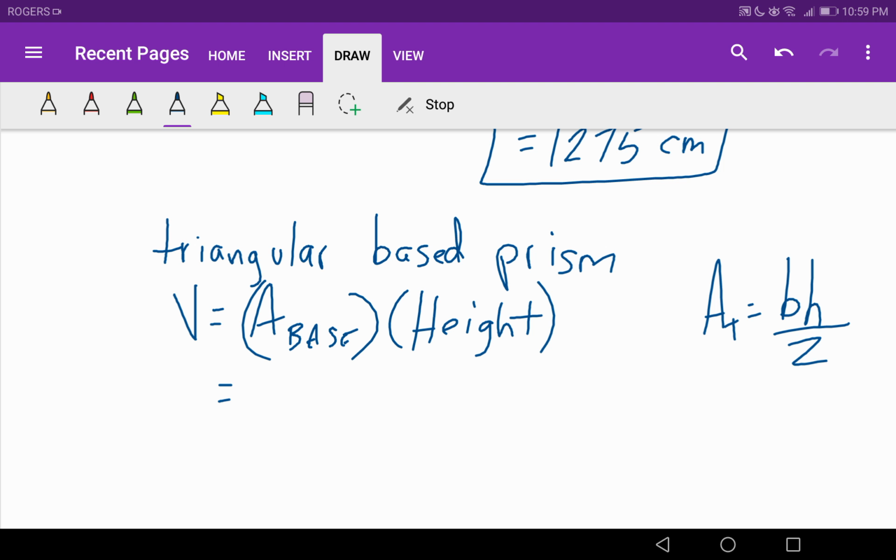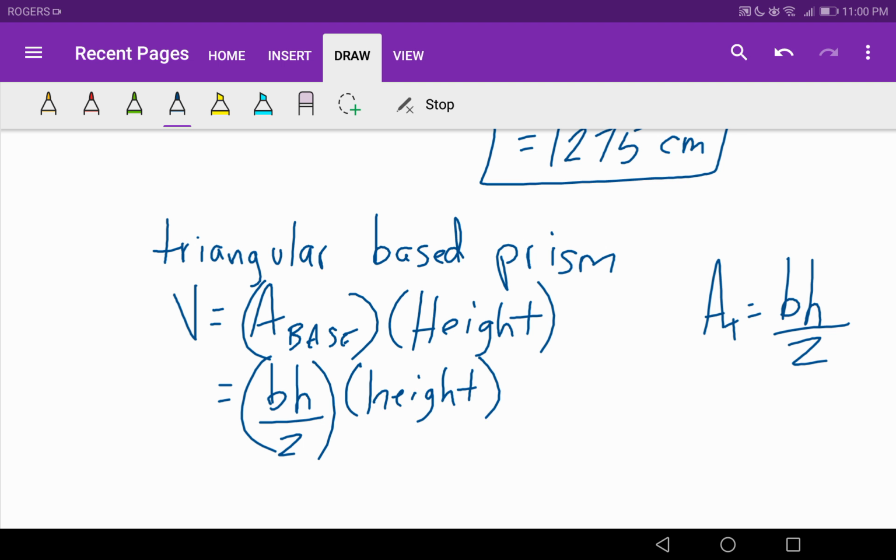So the formula would be base times the height of the triangle divided by 2, all times the height of the prism itself. Okay, so when I talk about this height, I'm talking about the actual triangle itself. So I'll do my best to draw a triangular prism here.